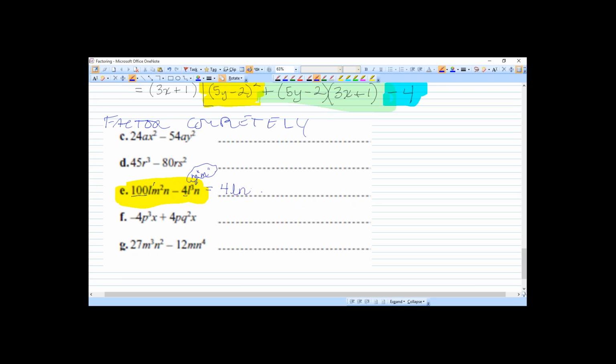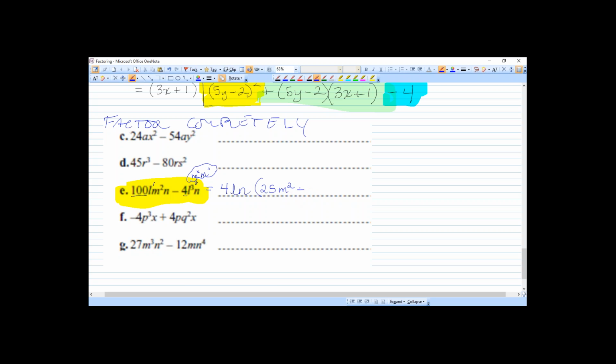We'll take an N. Now, what's left over? Once we take the 4 out of the 100, we have 25. We take that all. We're taking the L out. We're going to have M squared left over. The N is gone. We filtered that out. Now, filter out this 4. What's left in place? Remember, when you factor out the 4 and it's what you're factoring out, you're left with a 1, right?